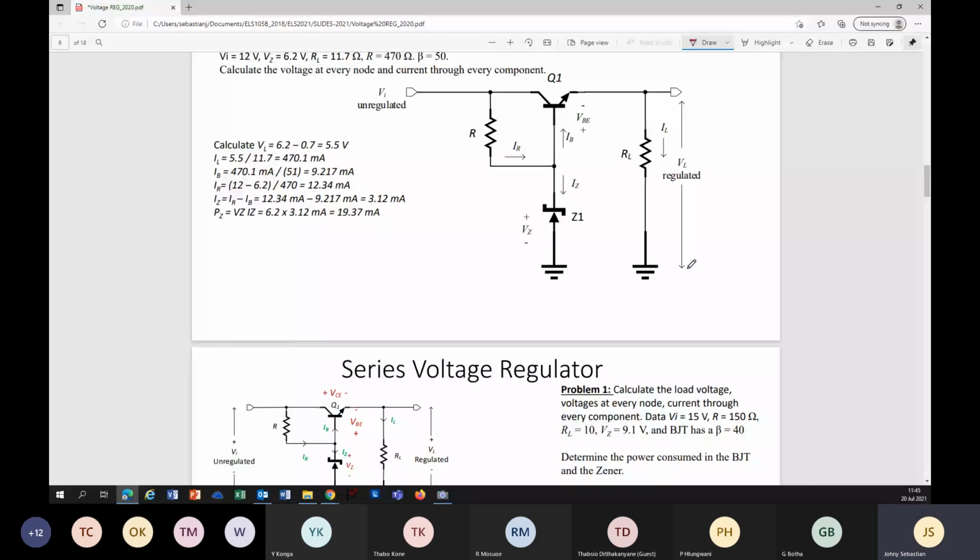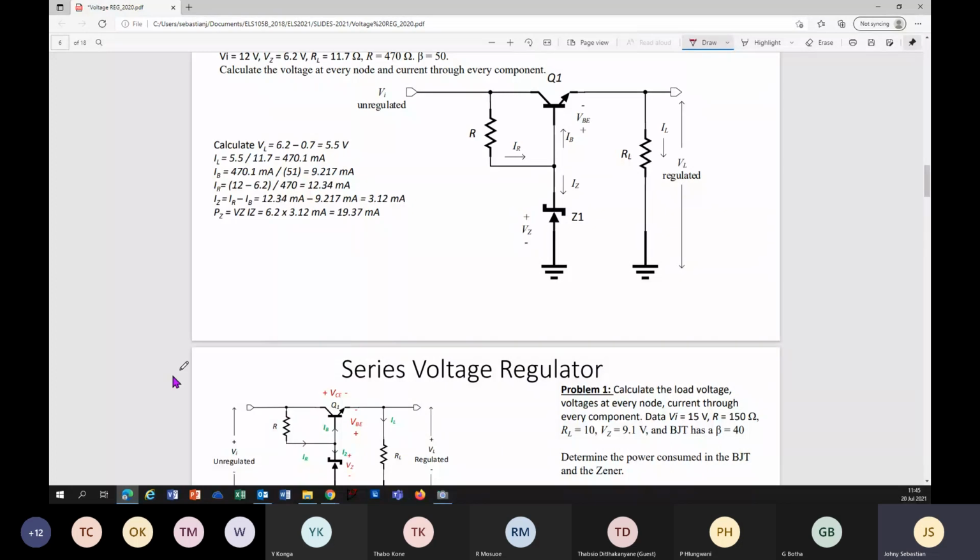And we have a beta of 50. Now the question is, calculate the voltage at every node and current through every component.